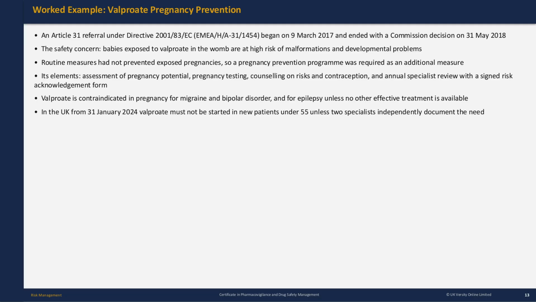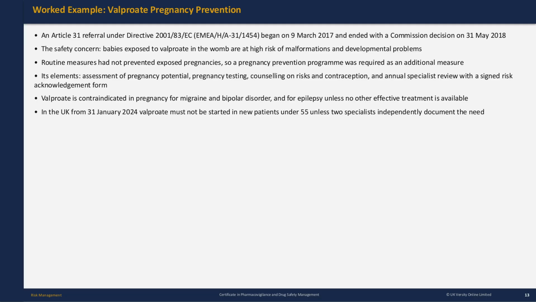Routine measures had not prevented exposed pregnancies, so a pregnancy prevention program was required as an additional measure. Its elements: assessment of pregnancy potential, pregnancy testing, counseling on risks and contraception, and annual specialist review with a signed risk acknowledgement form.